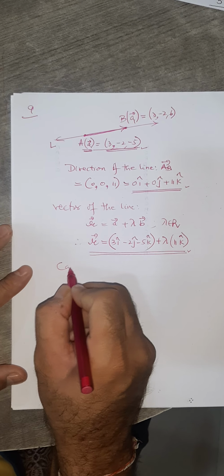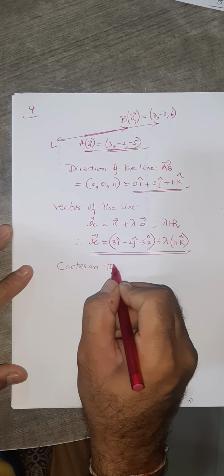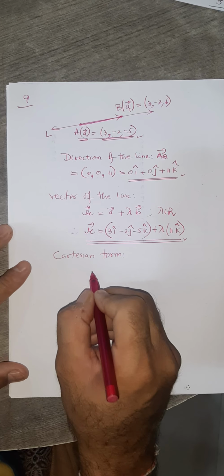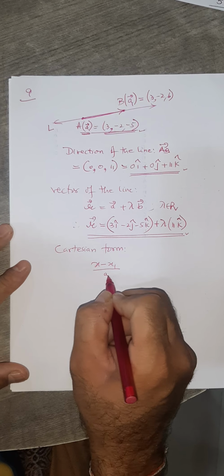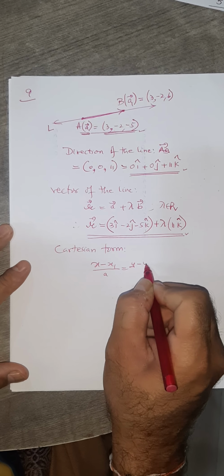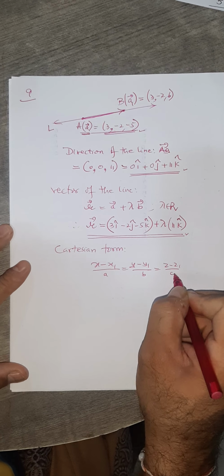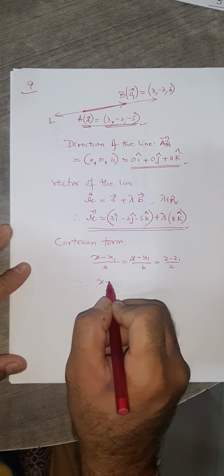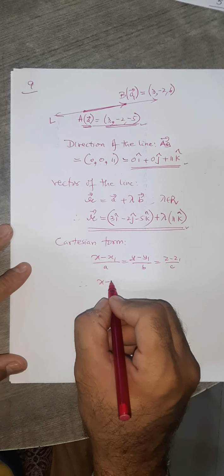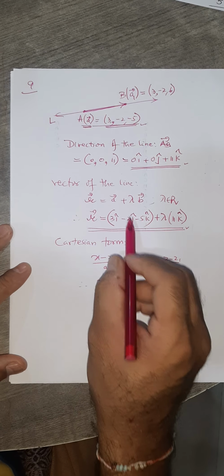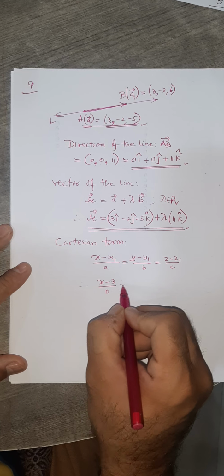Now the Cartesian form of the line, or Cartesian equation. You know x minus x1, I'm just reminding you, upon the first component, y minus y1 upon the second component, z minus z1 upon the third component. So x minus x1, what's x1? That's the same fixed point, 3, upon the first component, you know it is 0. Right? Here 0 does not mean it is undefined, remember.